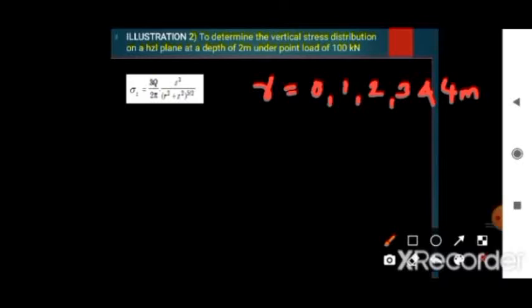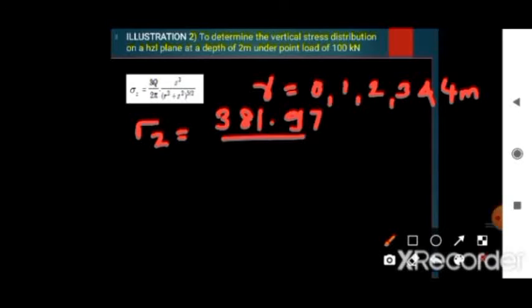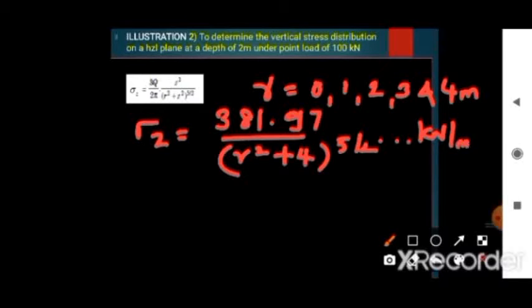As I already told you, after substituting the depth z value as well as the point load Q value, the equation form is sigma z equal to 381.97 divided by (r square plus 4) to the power of 5 by 2. In this we are going to substitute now.